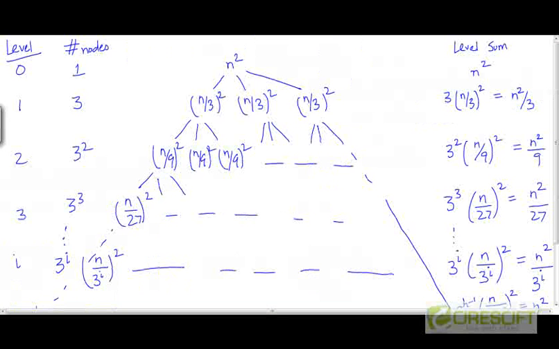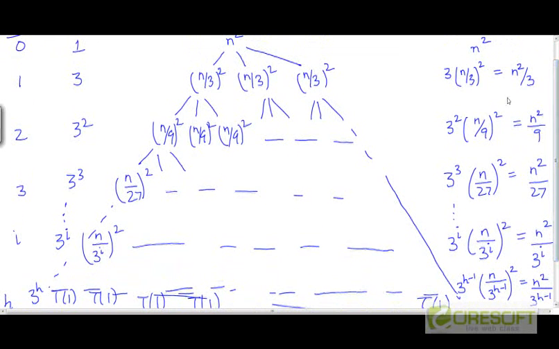So in this case, the first term was n squared, and the common ratio was 1 by 3, and this was a decreasing geometric series, and we saw that the complexity of this whole series is theta of n squared, which is basically the complexity of the first term.